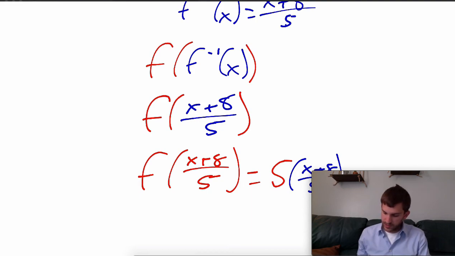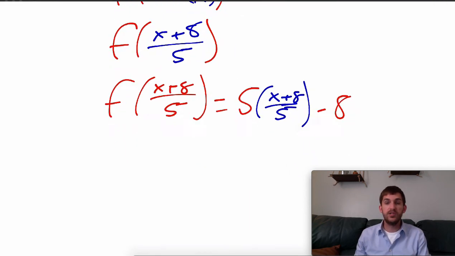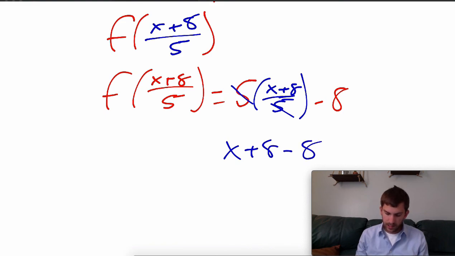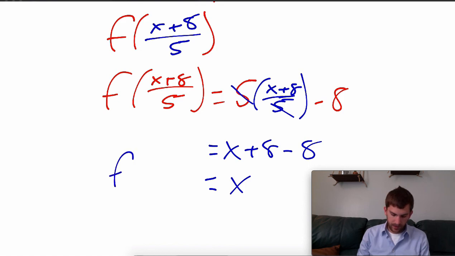And then we're going to subtract 8 from there. So let me shift that so I'm not covering it with my head. So we're going to cancel out the 5's. The 5 and the divide by 5 cancel out, so we're left with x plus 8 minus 8. And when we simplify that all down, we end up with just x. So f of f inverse of x equals x.